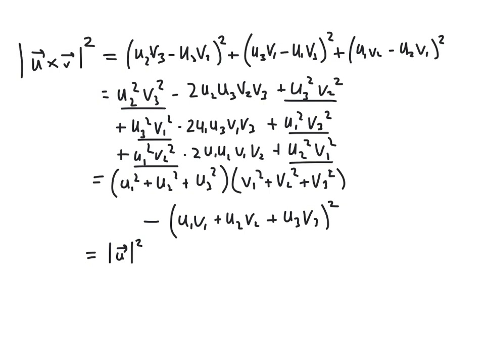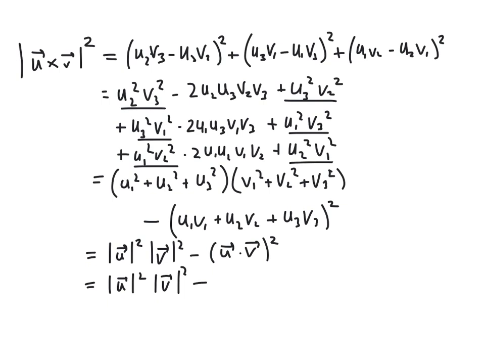So that ends up being the magnitude of v squared. And we subtract off from that the dot product of u and v squared. So we have the magnitudes of u and v squared here. We're going to keep those throughout the rest of this derivation. Nothing's going to happen there.